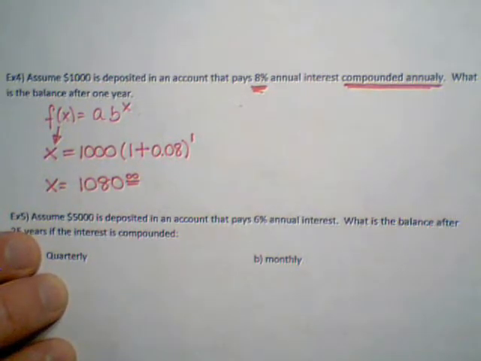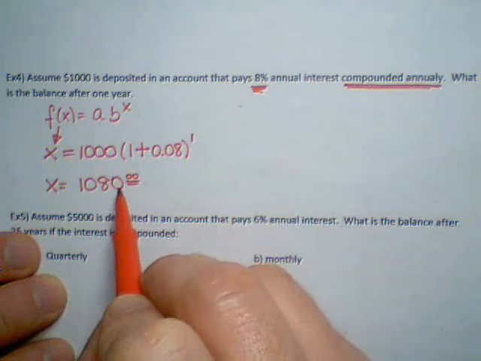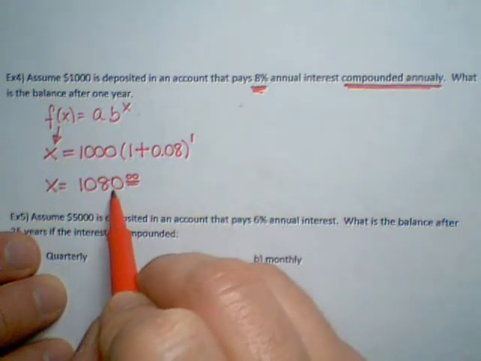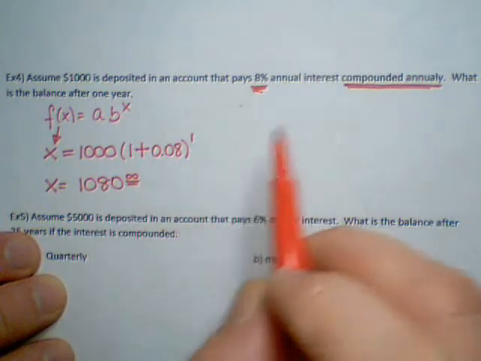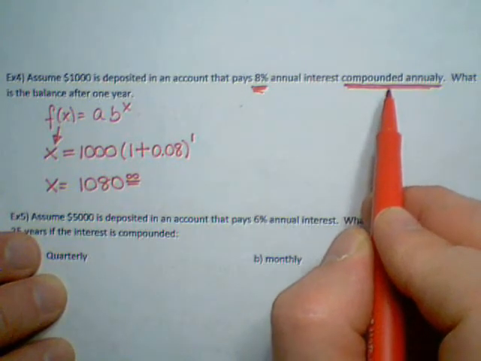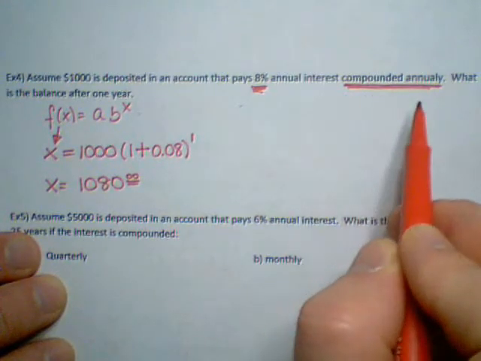So if I put the money in January, then January of next year, the bank's going to pay me that $80. Now the thing is this: if for any reason you take that money out before that January, then the bank doesn't have to pay the $80, because the bank is only going to compound your interest 1 year after your deposit.